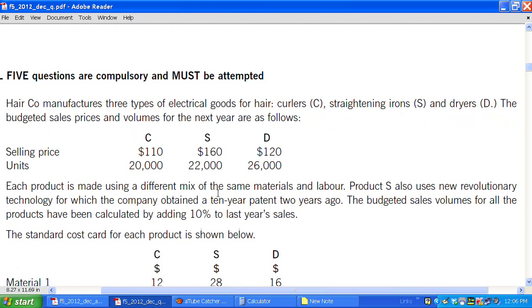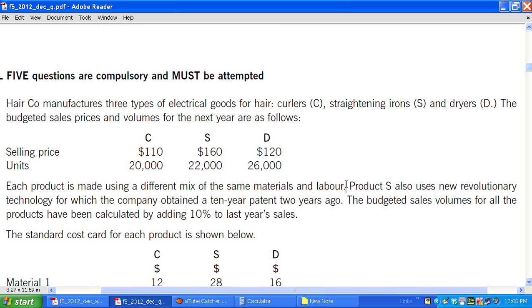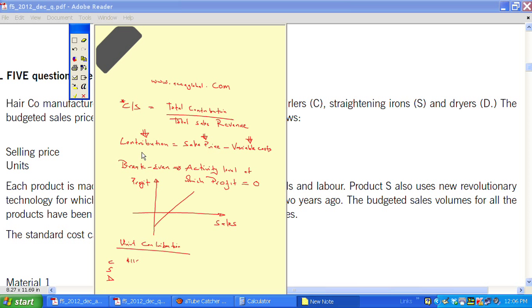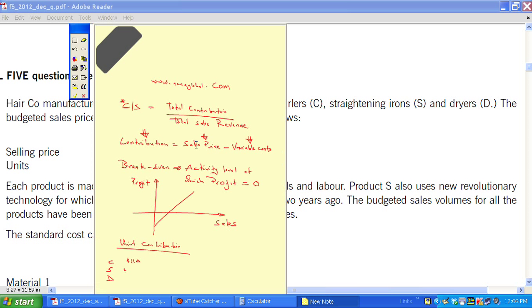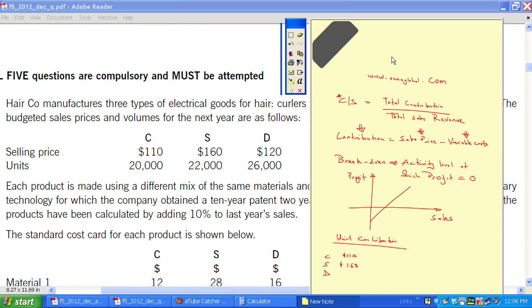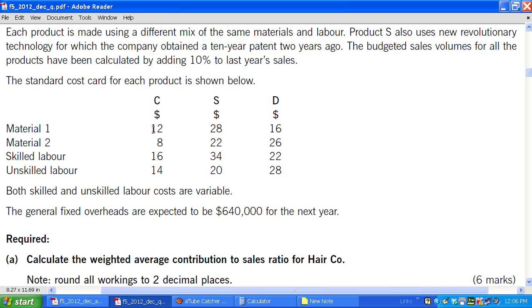We have 3 products, C, S, and D. The sales price for each: here we have 110, then we have 160, and then we have 120.